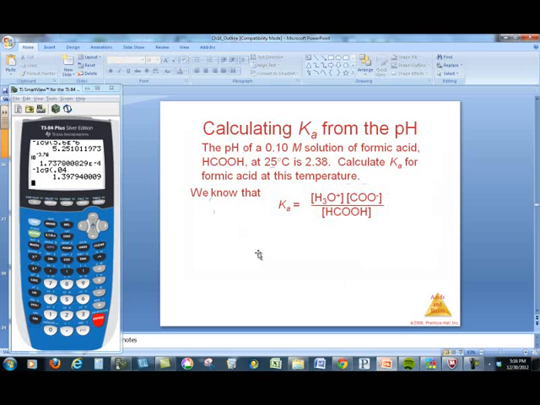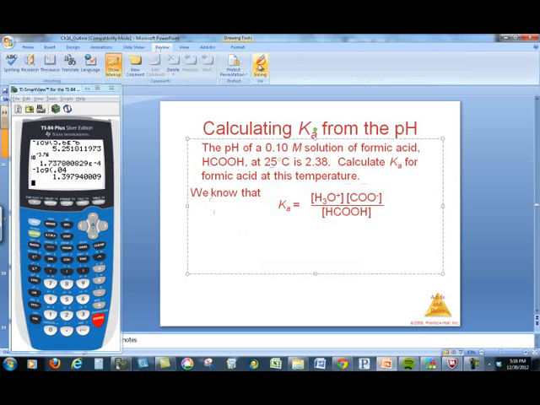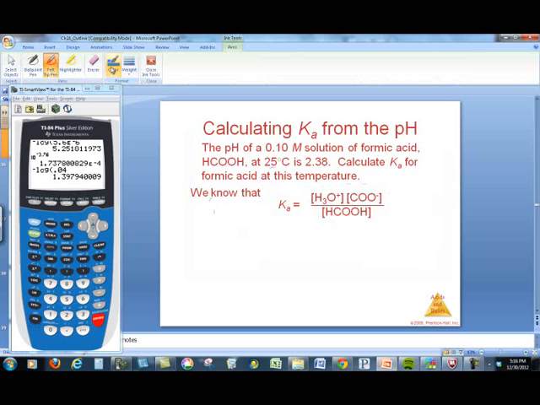So in order to solve this, this is not a strong acid, right? What we're going to use to solve this is our Rice table. We want to solve for Ka, the acid dissociation constant, and we are going to use this equation, which we just talked about.